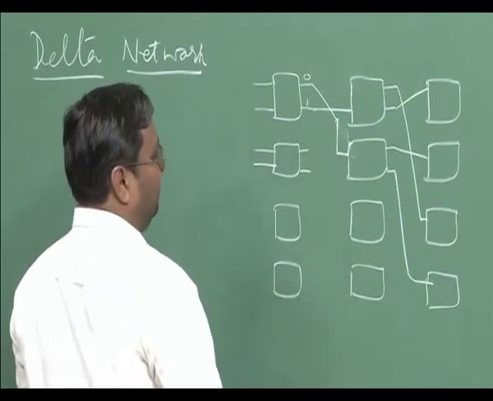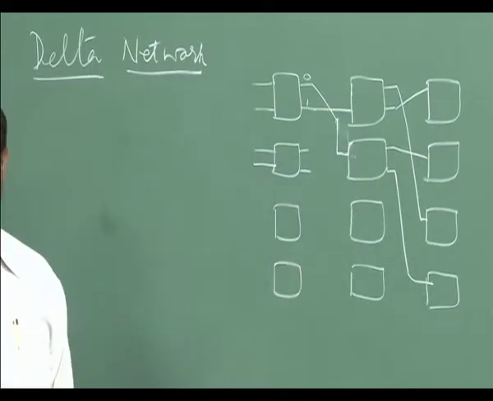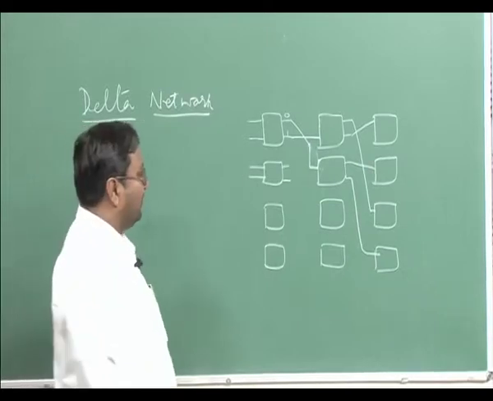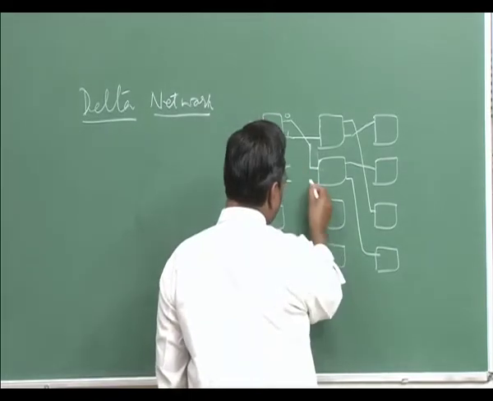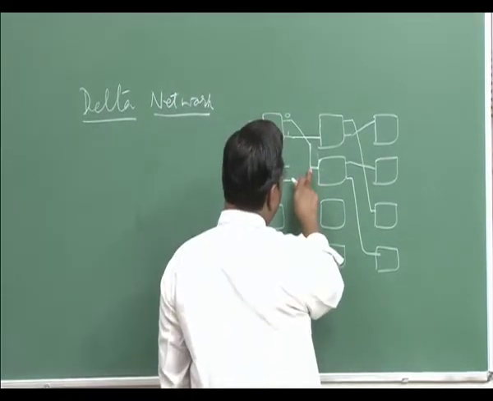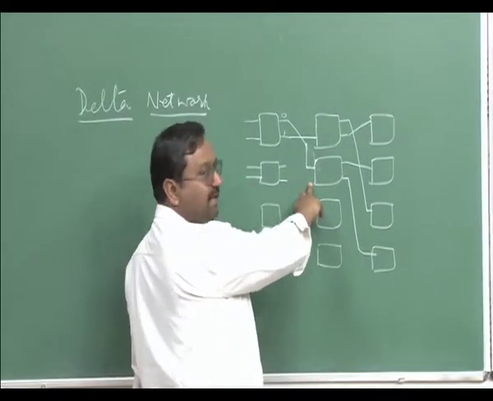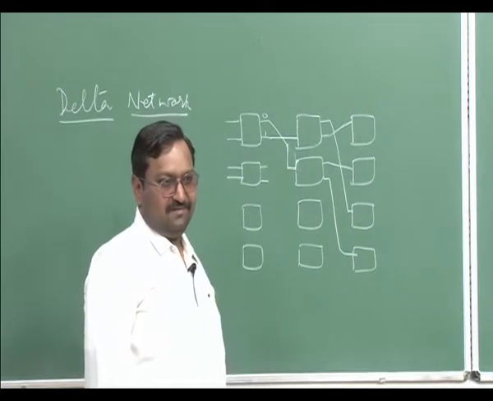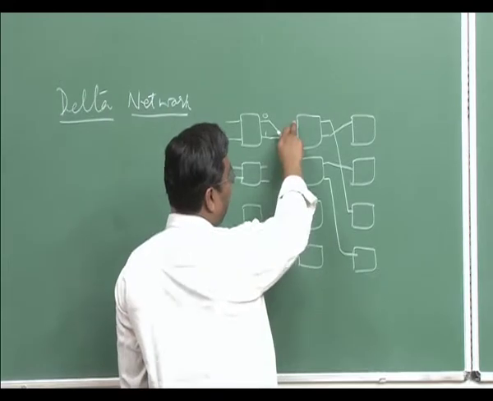As long as I am building a demultiplexer tree, it is fine. For example, when I am connecting here, it is connected to 0. So, this one cannot come here, remember, because then it is not going to be a delta network. I have to connect only a 0 here and a 1 here.